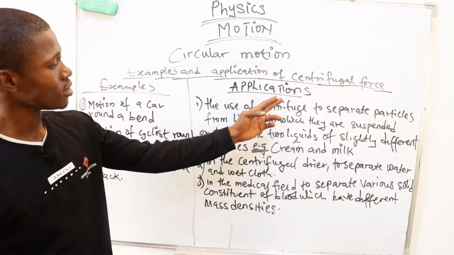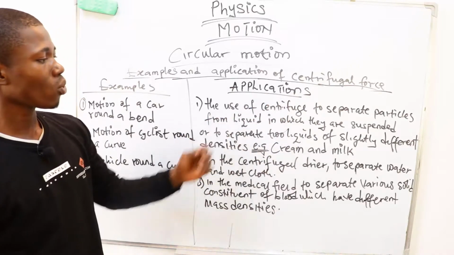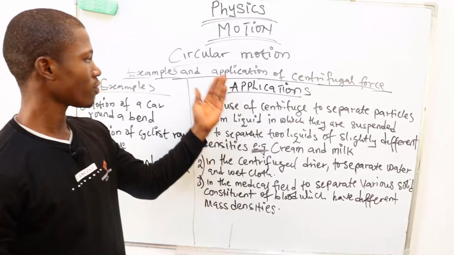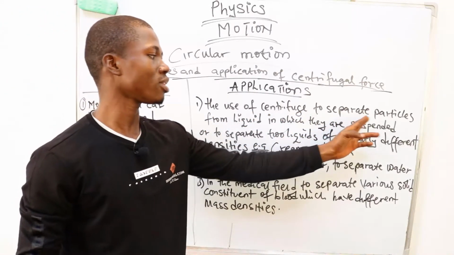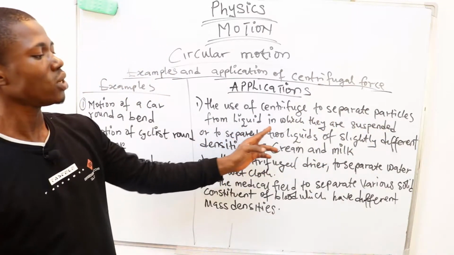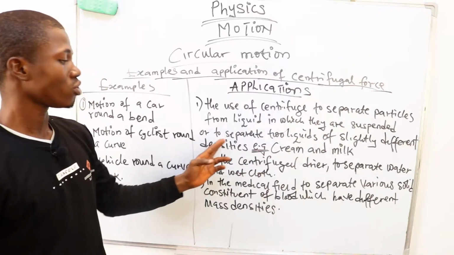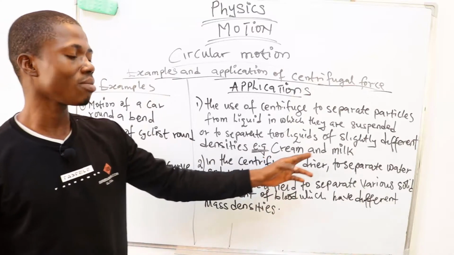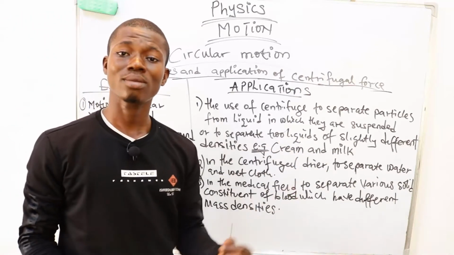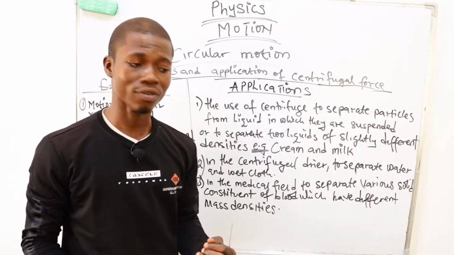Okay, right over here are our applications. The number one application of this centrifugal force is the use of a centrifuge to separate particles from the liquid in which they are suspended, or to separate two liquids of slightly different densities, e.g. cream and milk.